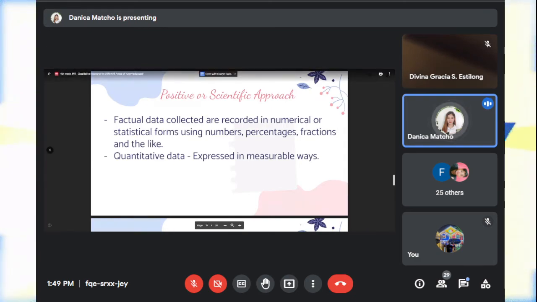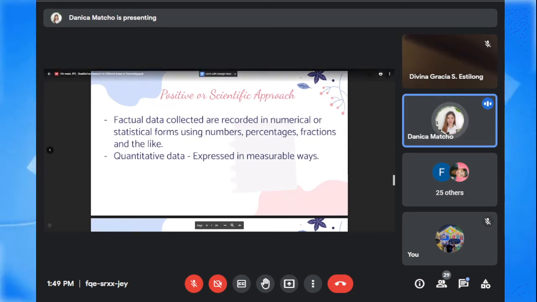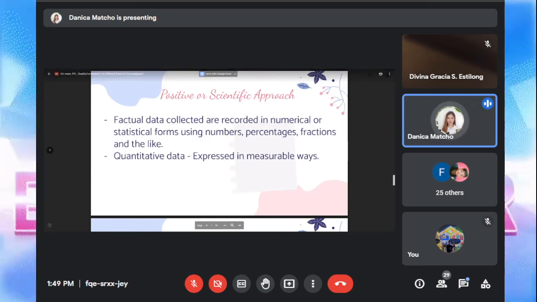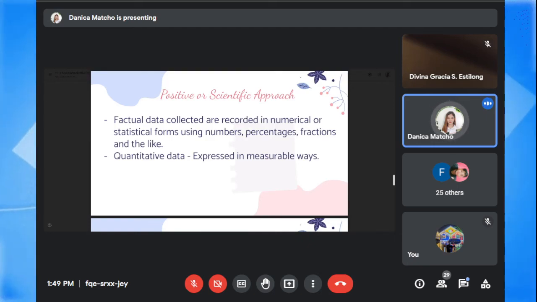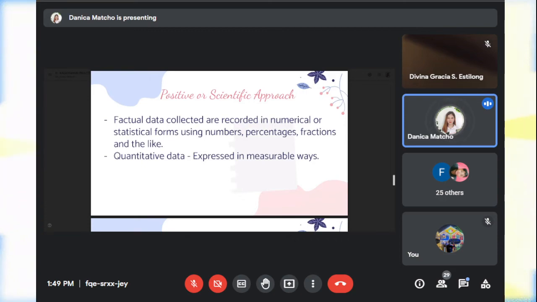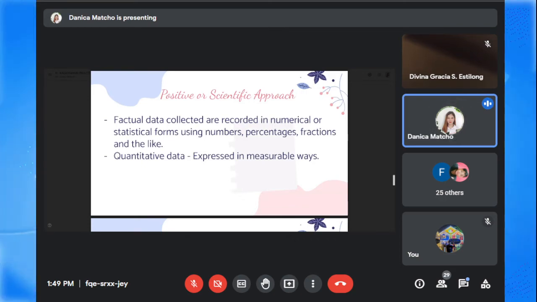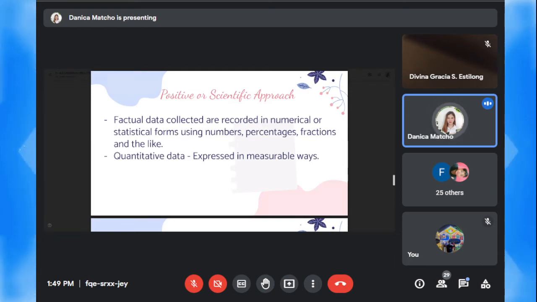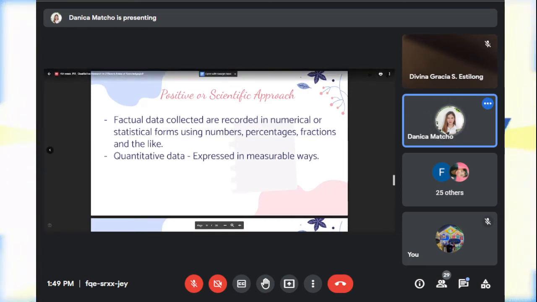And the data that you're going to collect under positive or scientific approach, we call it quantitative data. So when we say quantitative data, it is expressed in measurable ways. So ano mo siya, na-measure mo siya. Now you can express the data that you collected in measurable ways by using numbers, percentage, fractions, and the like. Are we clear?